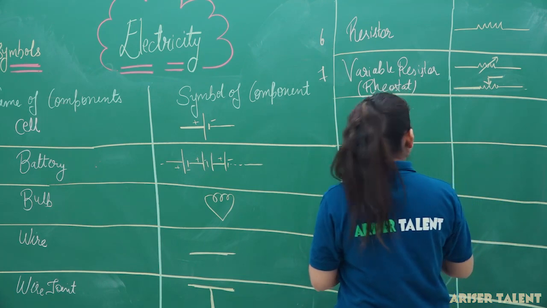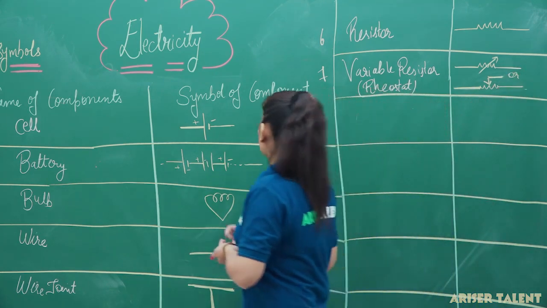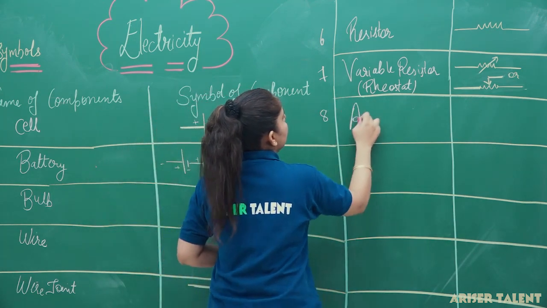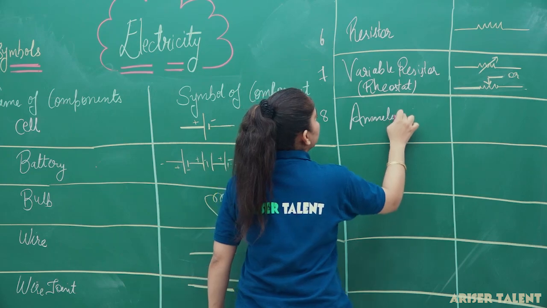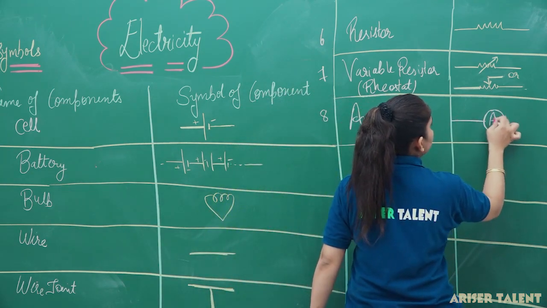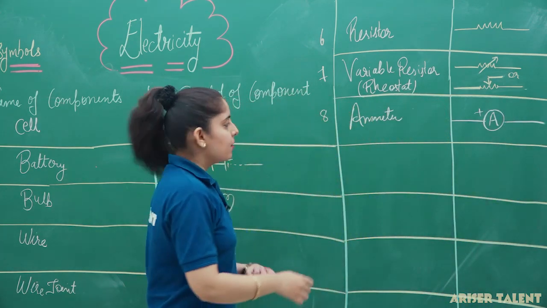So, these are the two symbols of the variable resistor, which is called a rheostat. Now, the eighth component I have is the ammeter. How will we draw the ammeter? The ammeter can be drawn like this. This is the symbol for the ammeter.